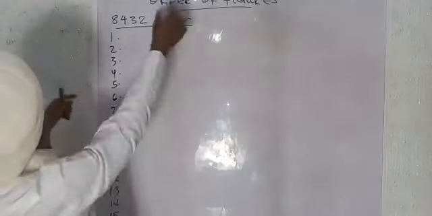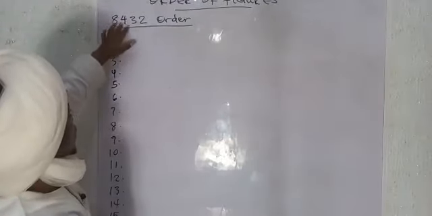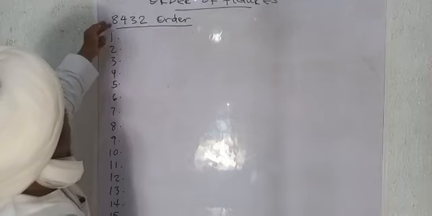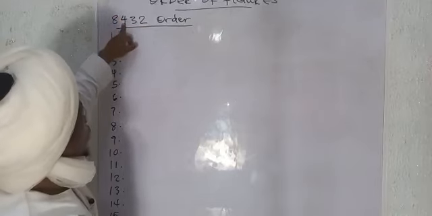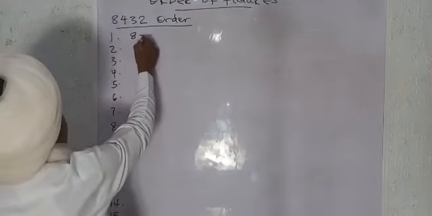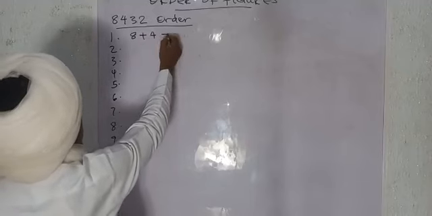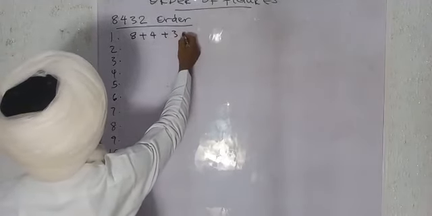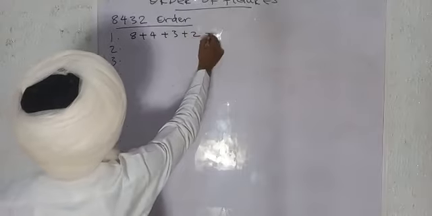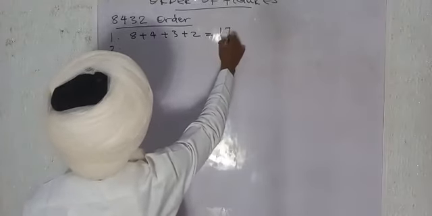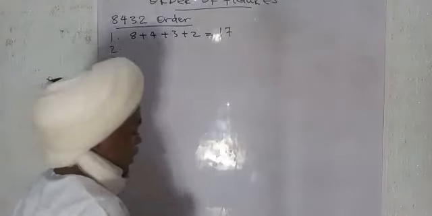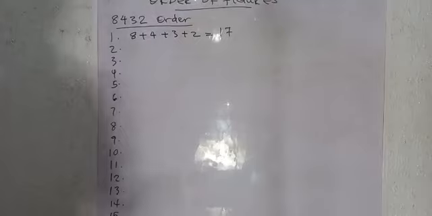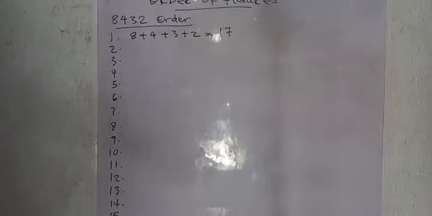For figure 1, if you total all these values, 8 plus 4 gives us 12, plus 3, plus 2, gives us 17. Am I correct? But we cannot have figure 17. We can only have 1 to 16 figures. Figure 17 does not exist.